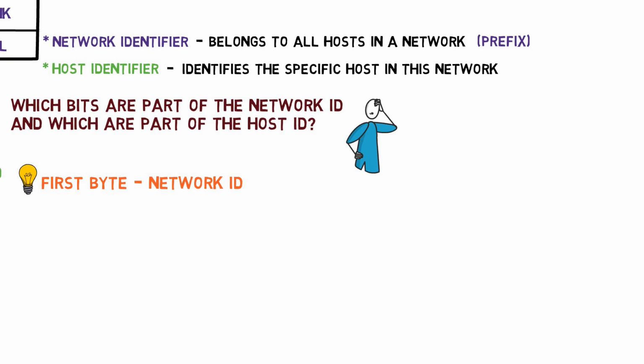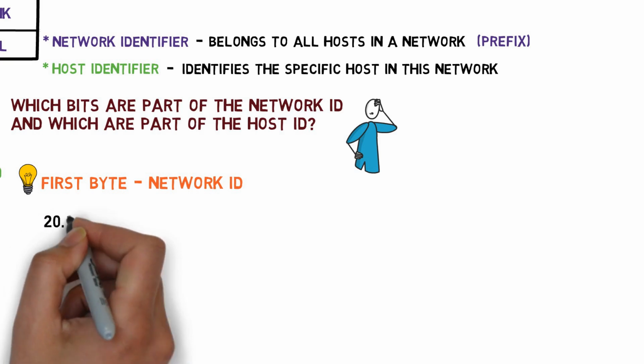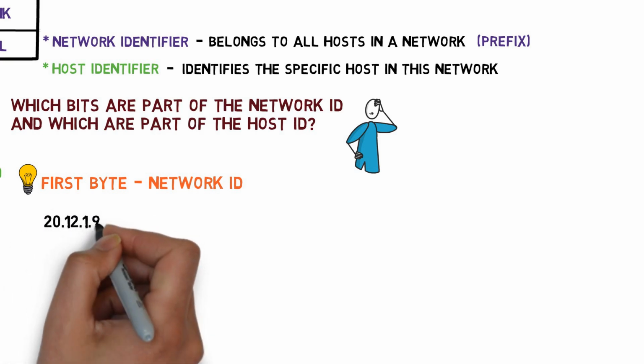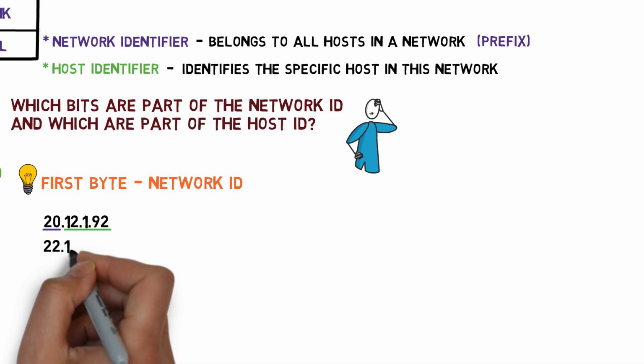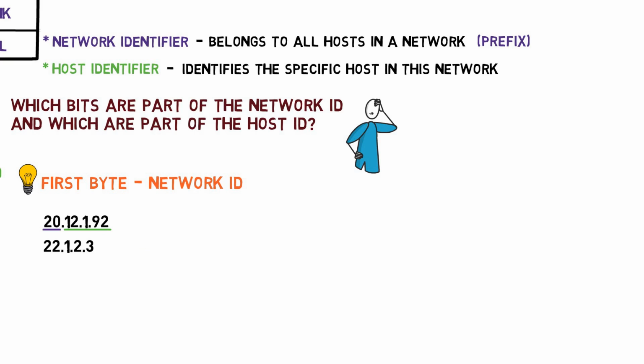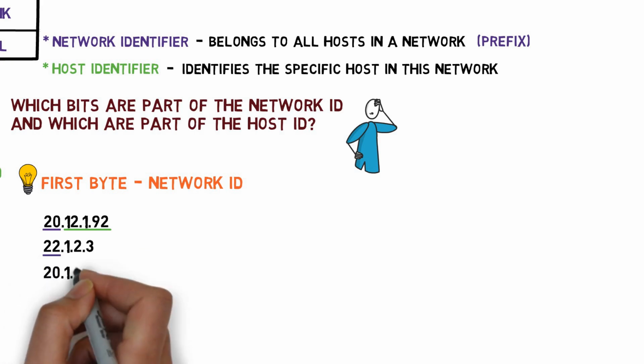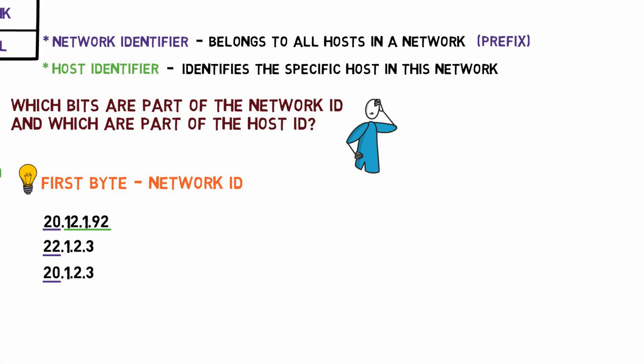This way, it is really easy to read IP addresses. For example, for this address, we know that it describes network 20 and the host 12.192 inside that network with the identifier 20. Any IP address that doesn't start with 20, such as this one, would reside in a different network, and any IP address that starts with 20, such as this one, would be within the same network.